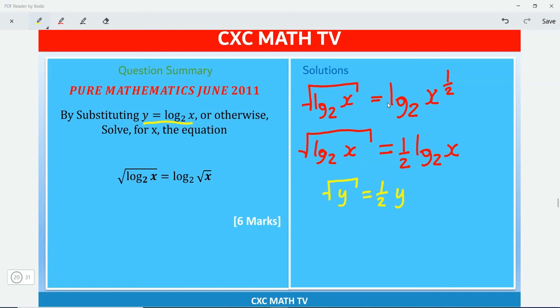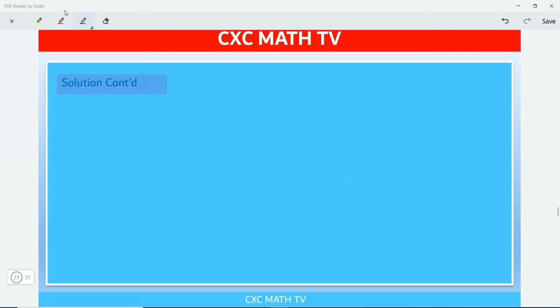To solve this equation for y, we can square both sides. Squaring both sides, what we're going to end up with is y is equal to a half squared, which is a quarter, so a quarter y squared. We can then multiply through the equation by 4, just so it looks pretty. It's going to become 4y is equal to y squared.